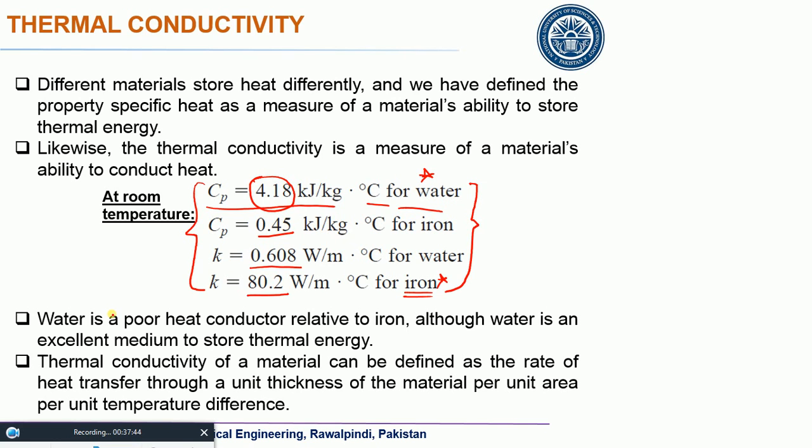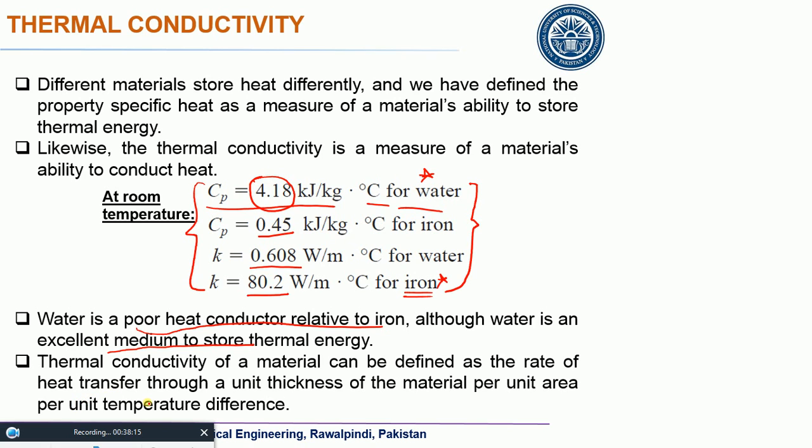So now you know that there are two kinds of material capabilities we are discussing up to this point: heat storage and heat conductivity. Cp gives you a measure of heat storing capability. K gives you a measure of heat conduction capability. Water is a poor heat conductor relative to iron, although water is an excellent medium to store thermal energy.